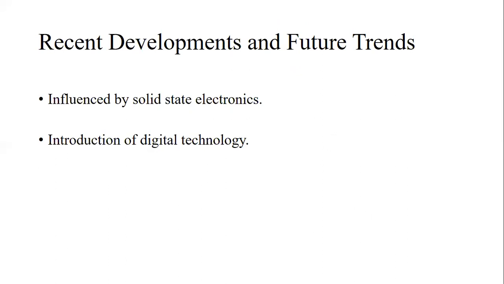The advances in the excitation control system over the last 20 years have been influenced by the development of solid state electronics. Development in analog integrated circuitry has made it possible to easily implement complex control strategies. The latest development in the excitation system has been the introduction of digital technology.